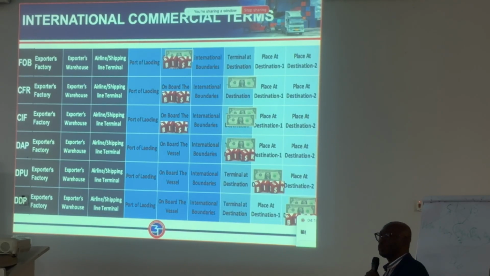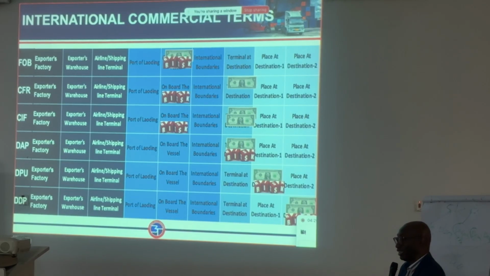Now, if you do a transaction with Shell, Chevron, and some of these multinationals, because of the issues at the port, they don't want to get involved. So they will give DDP to an importer contractor in Nigeria. That contractor will come to the bank and do CFR. Do you understand? Yeah. They do the DDP. So as far as Shell is concerned, they deliver when the goods get to my warehouse in Port.